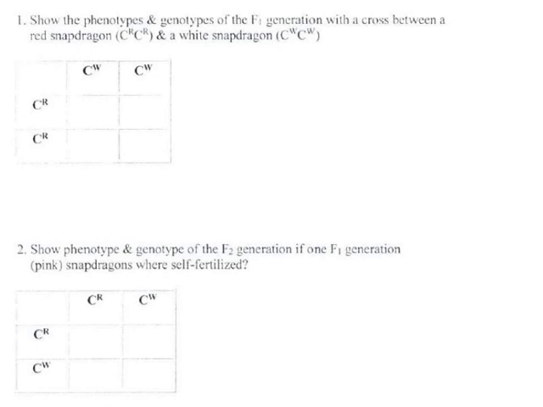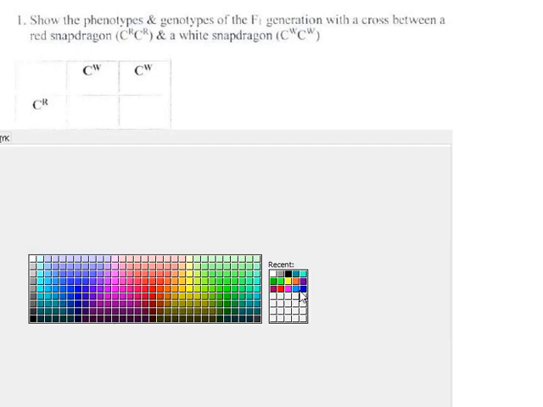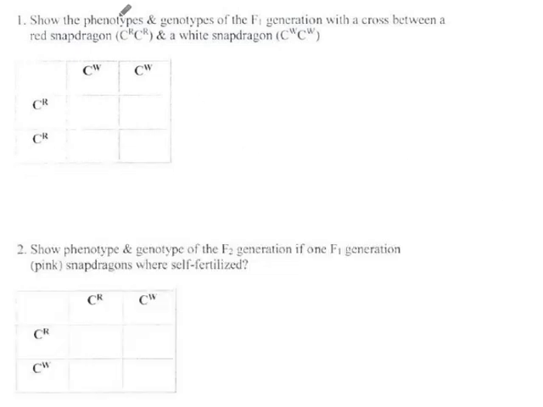Okay, so a snapdragon is a type of small flower that often comes in reds and whites, and as you'll see in a second, it also comes in pinks. And the alleles that it can have are C for color, R for red flowers, or you can have CW for white.